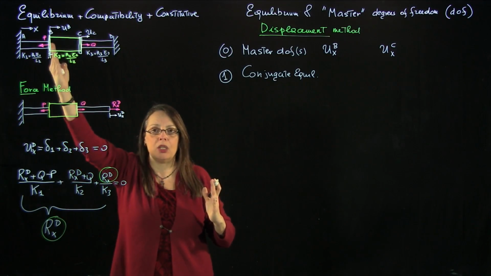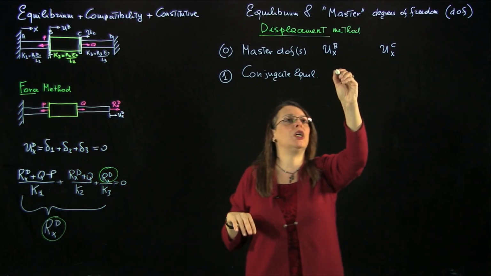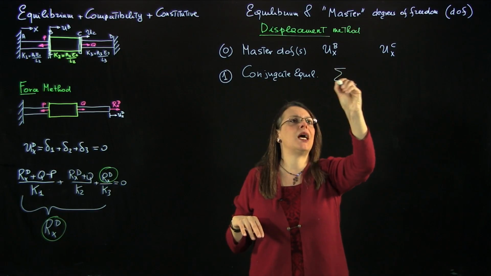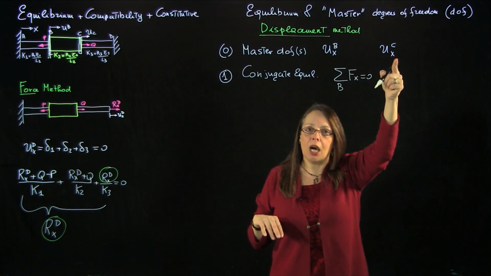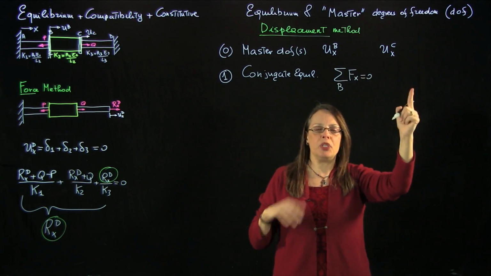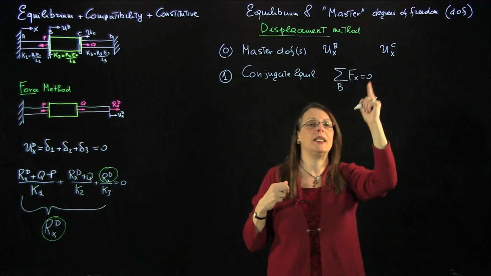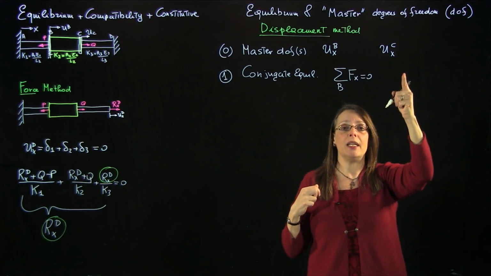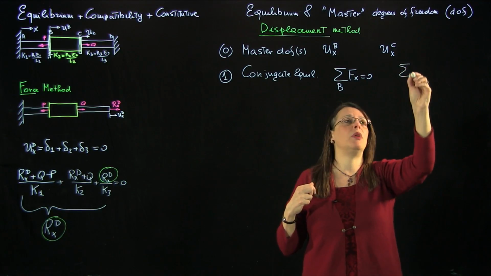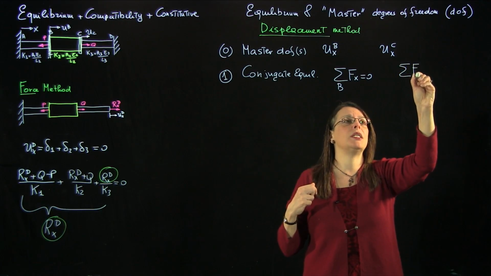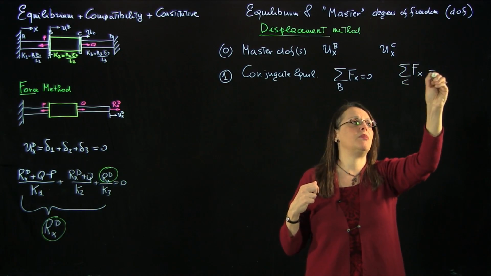So the conjugate to this displacement is a condition in which the sum of the forces in the x direction on section B must be 0. And the conjugate to that, whichever position C is going to take, is the position such that section C is in equilibrium. So my conjugate equilibrium equation is that the sum of the forces in x on section C must be 0.